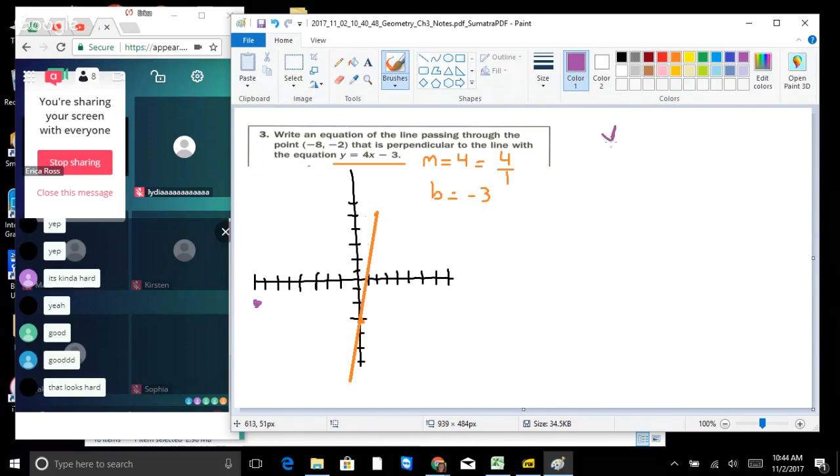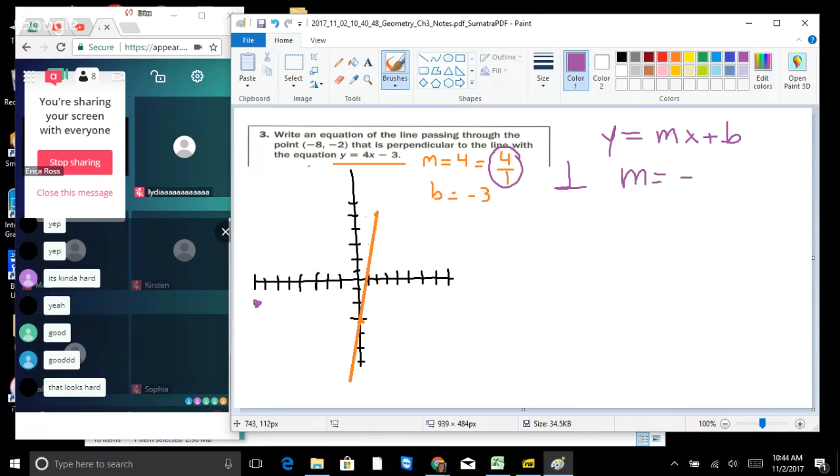I know every single time it's always going to be y equals mx plus b. Always the equation for the line, okay? I also know that because it is perpendicular to the orange line, and the orange line has a slope of 4/1, the slope of my purple line is going to be the negative reciprocal.